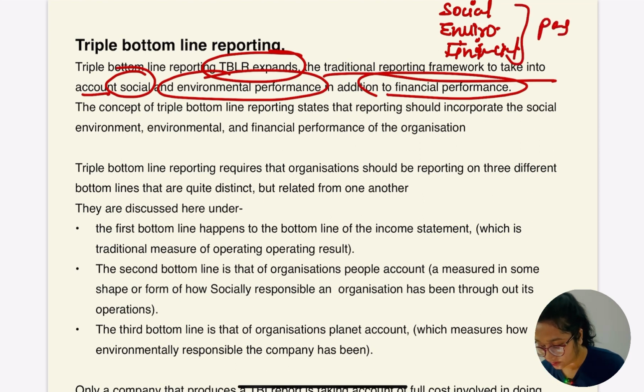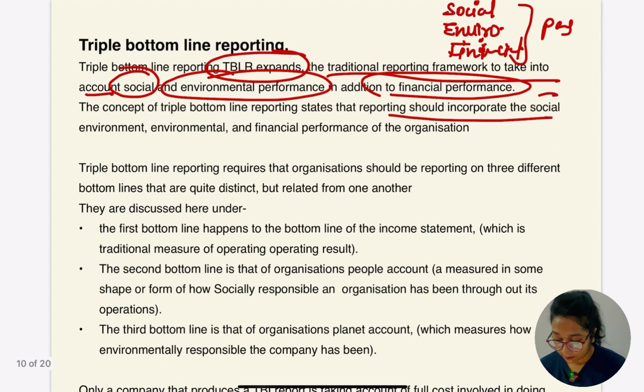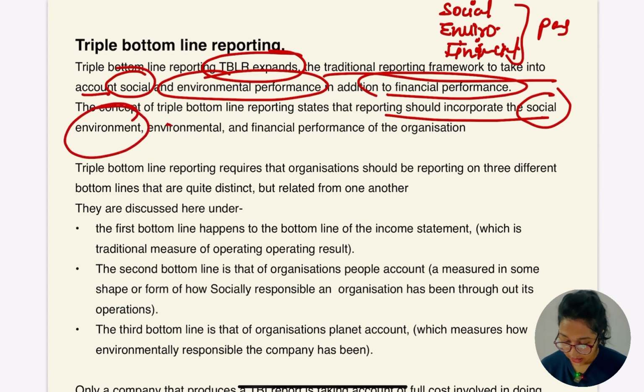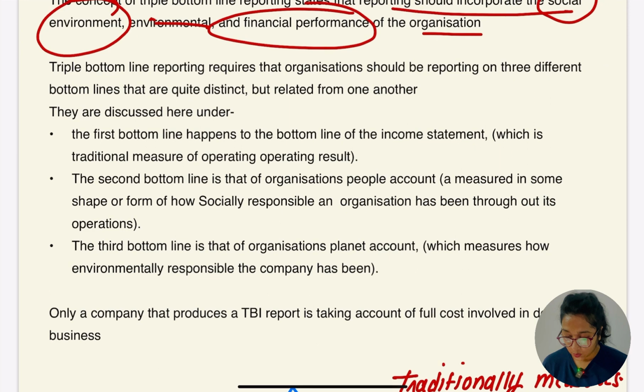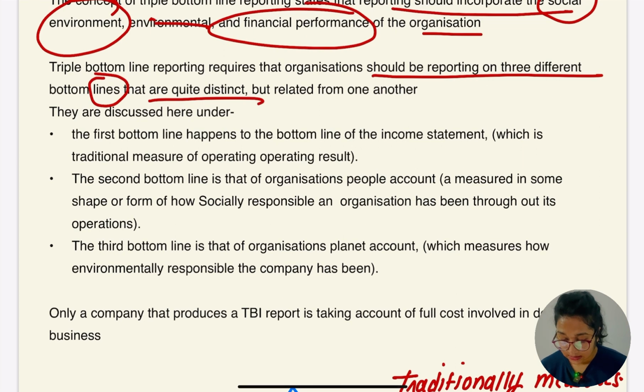So this is focusing on three things. The concept of triple bottom line reporting states that the reporting should incorporate the social, environmental and financial performance of the organization. Triple bottom line reporting requires that operations report on three different bottom lines that are quite distinct but related to one another.